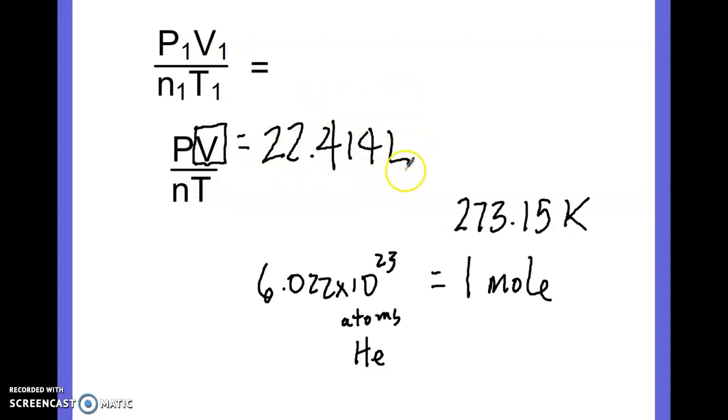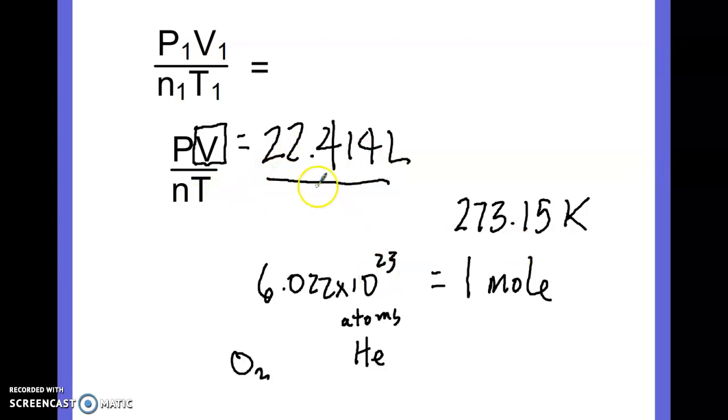It's amazing that no matter what, if it's atoms of helium, if it's oxygen molecules, any gas will have this volume, no matter the size, the mass, if it's diatomic, anything.